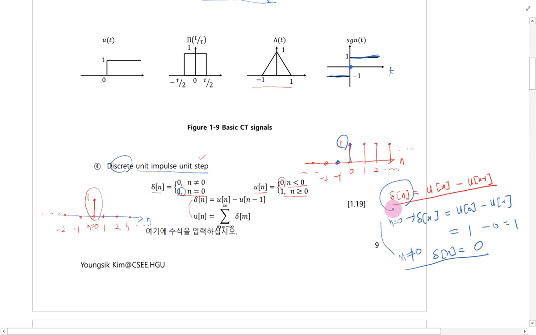So taking the difference of the unit step, u[n] and u[n minus 1], will give delta[n]. This shows the relationship between the unit step and unit impulse. This one is the unit impulse, and u[n] is the unit step.